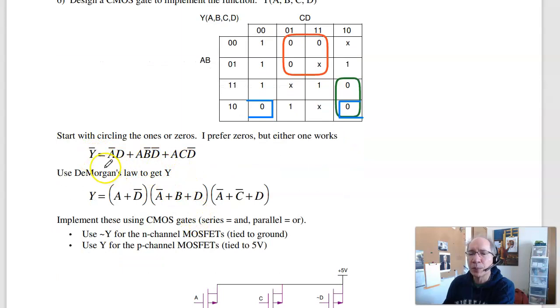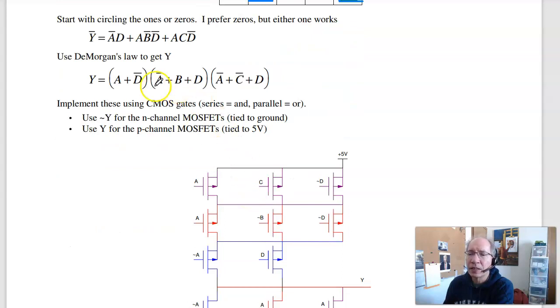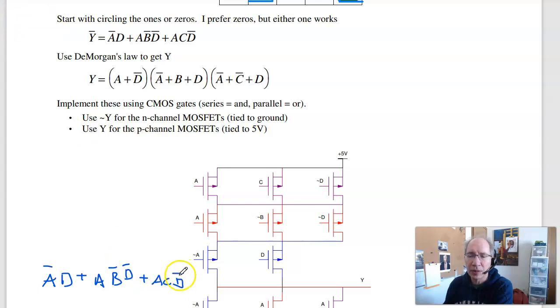If I use De Morgan's law, I get Y is this combination. This is basically how I implement it. If I have, put this down here, A bar D or A B D bar, or A, C, D bar.